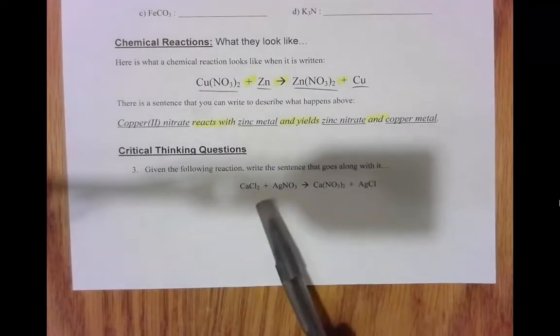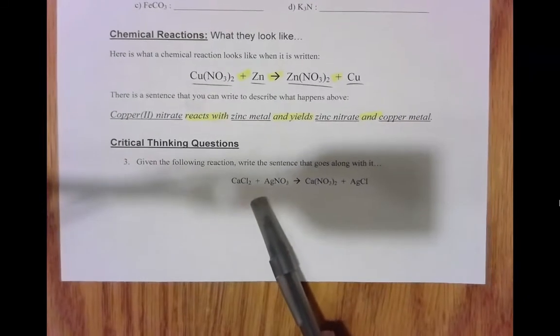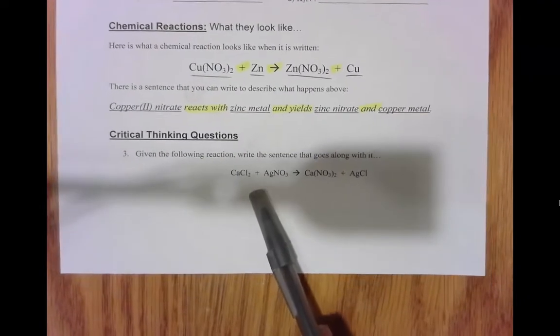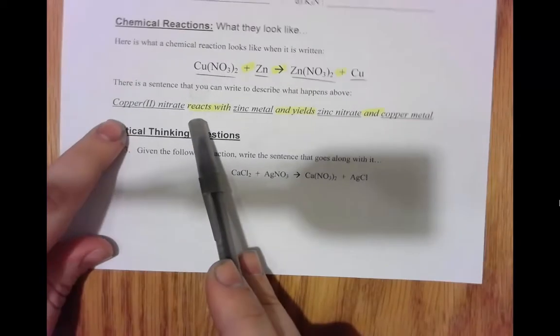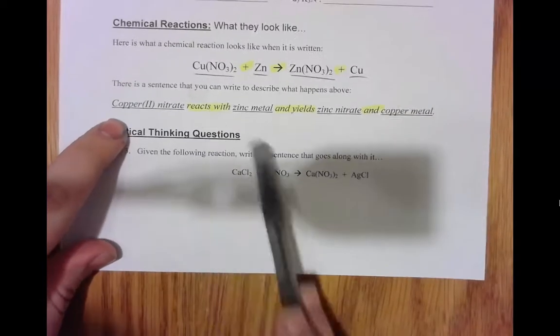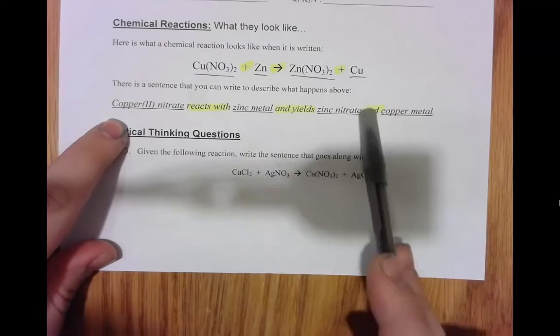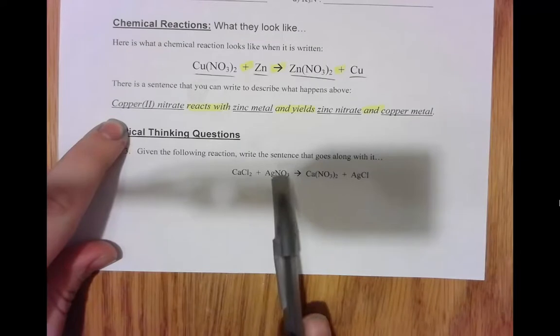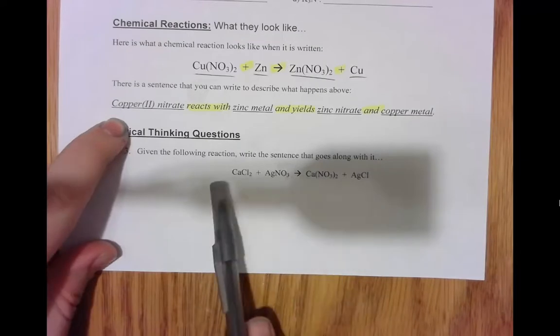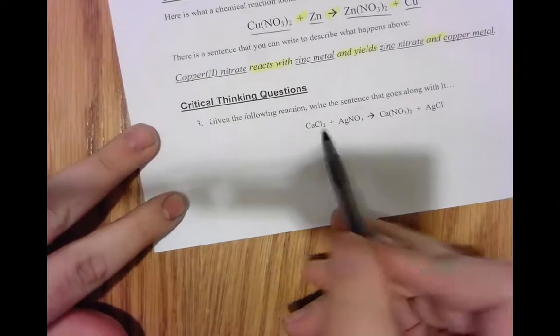So we can do something similar for question 3. So what we can do here is we can use the highlighted words to symbolize the symbols that are in between, and then all we have to do is name the different compounds that are here. So the first one, we have calcium and we have chloride.